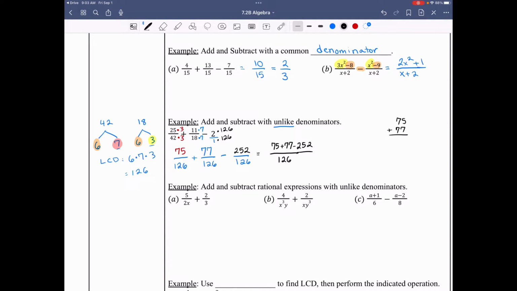I'm going to add these first. 152, awesome, because that 152 minus 252 is negative 100 over 126, and that simplifies to negative 50 over 63 if I divide by 2. And I think that is as far as it simplifies. Don't forget your negative, I almost did. So that is our final answer.